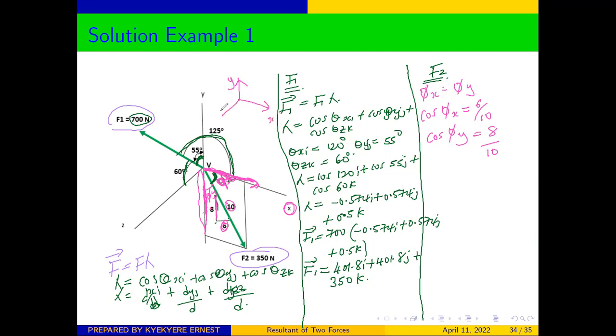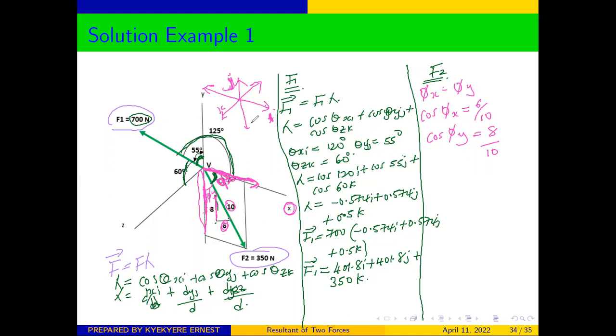This x will be represented with i, y will be represented with j. If it's moving in the same direction as our i, it's going to be positive. But if it's in the opposite direction, it's going to be negative.